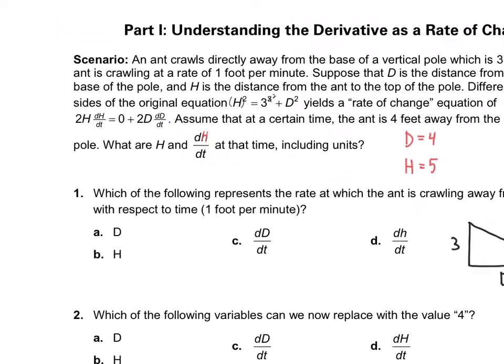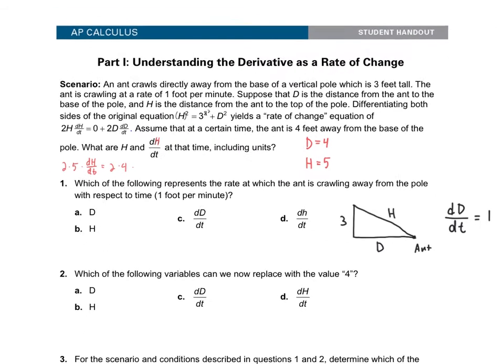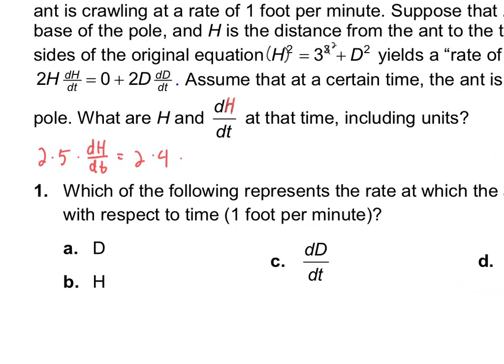Okay, so just substitute everything that we know. So 2 times h, which is 5, times dh dt equals 0 plus 2 times d, which is 4, times dd dt, and dd dt was 1.